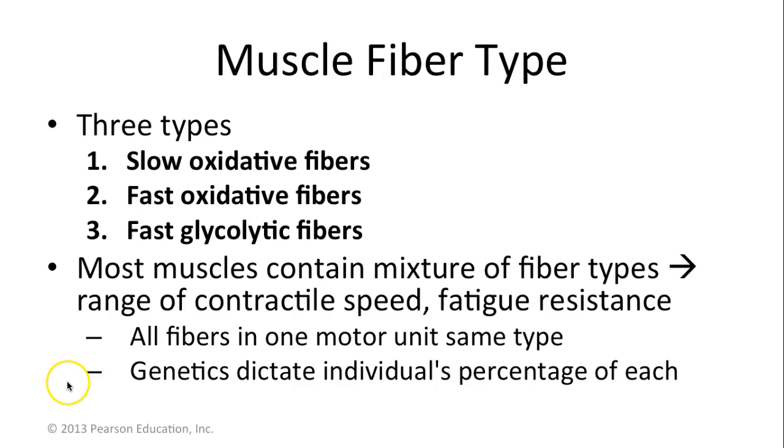All right. Most muscles have a combo of these fibers. So depending on the muscle that you're looking at, it's going to have a greater percentage of one or the other. If you have a single motor unit, though, it's going to be either all one or all the other.